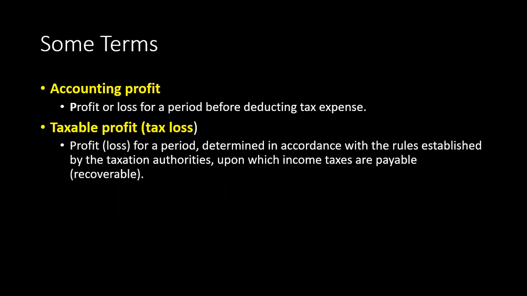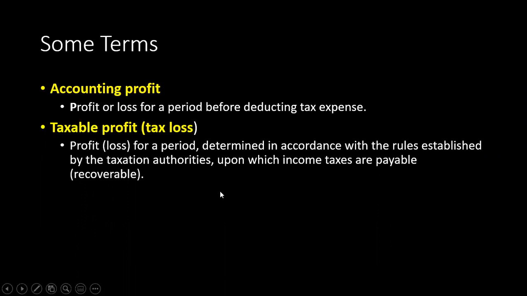Whereas the taxable profit is a profit determined in accordance with the rules established by the income tax or taxation authorities, on which the taxes are levied and calculated, and that tax is payable by the company.